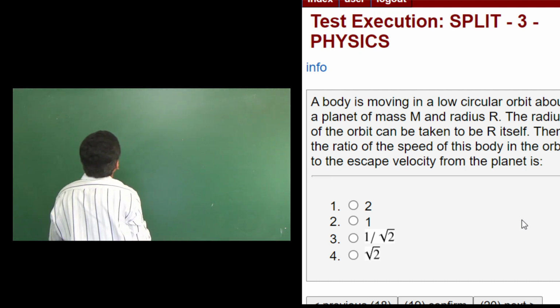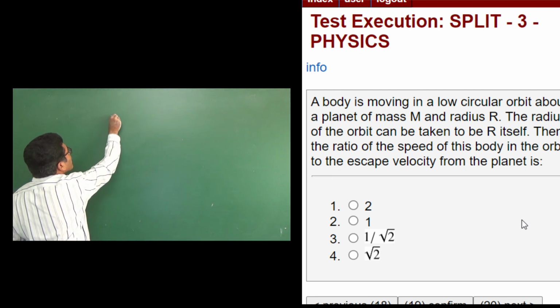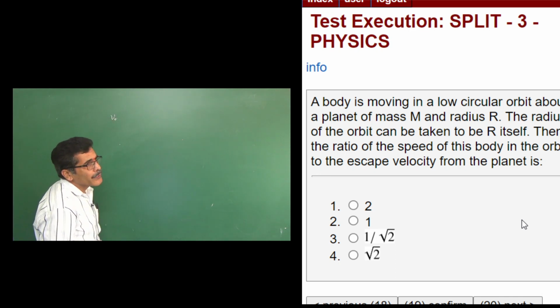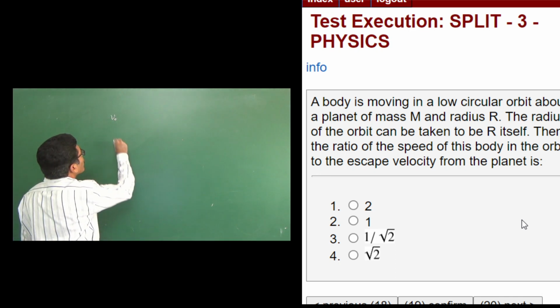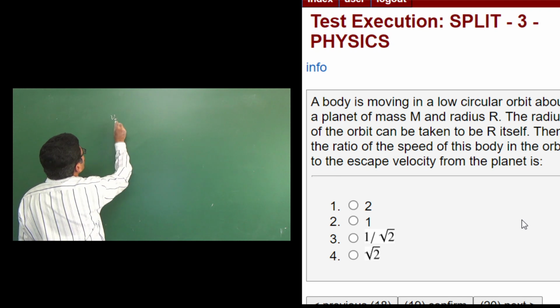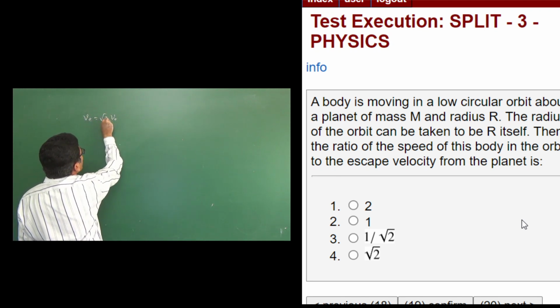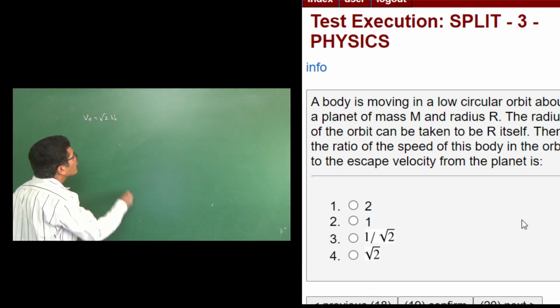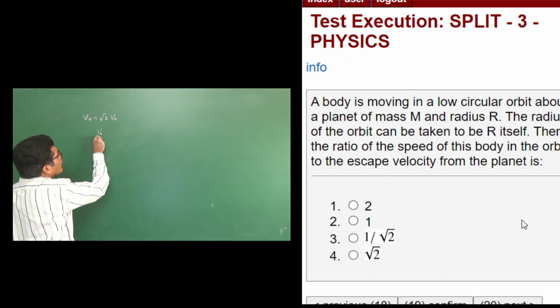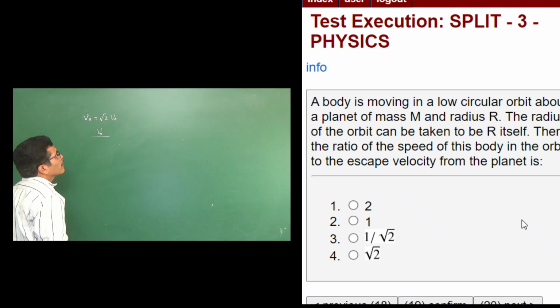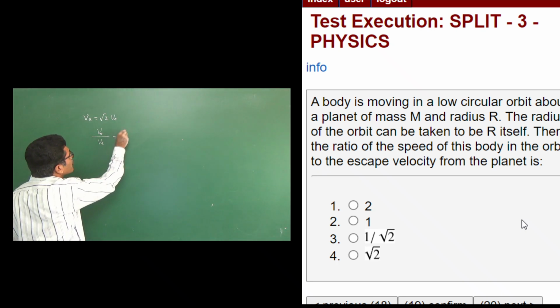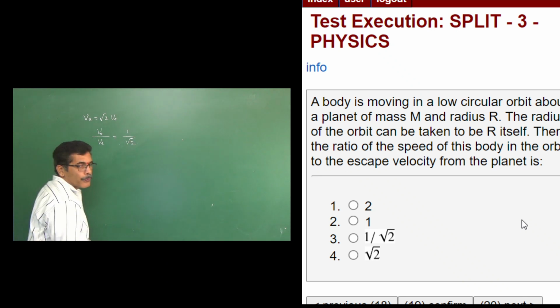In the lower orbit, the orbital velocity is v0 and the escape velocity is ve, and they are related as ve is equal to root 2 times v0. So the ratio becomes equal to 1 by root 2.